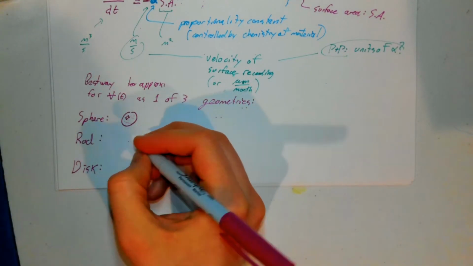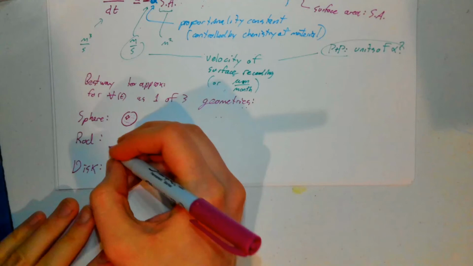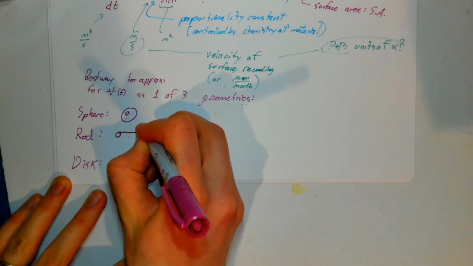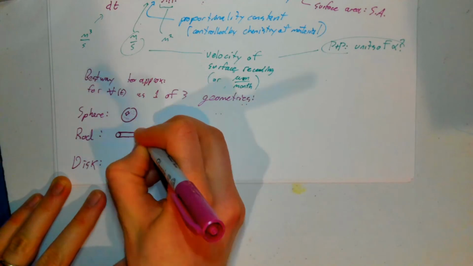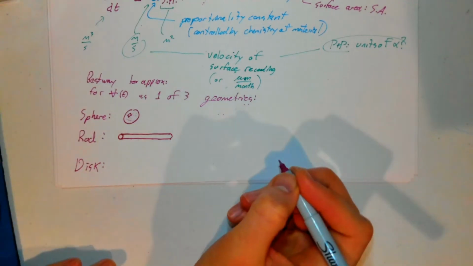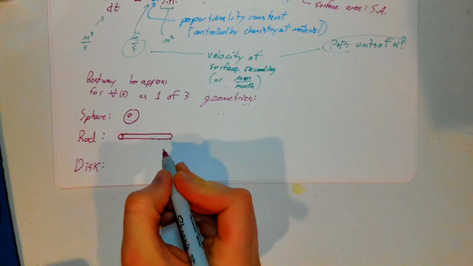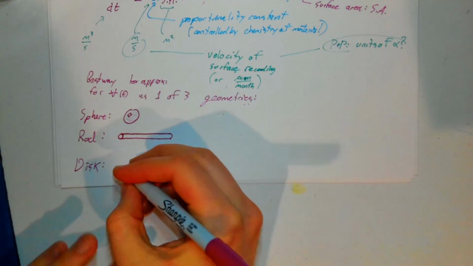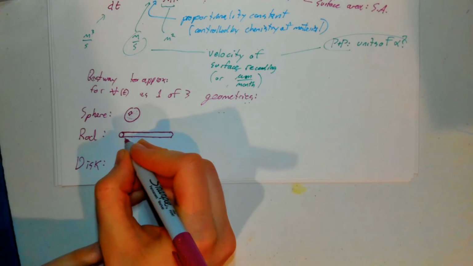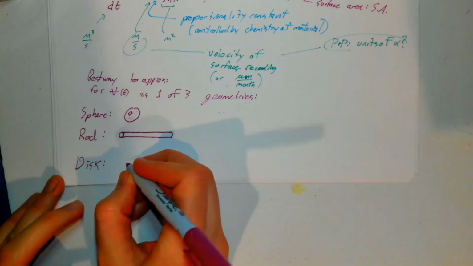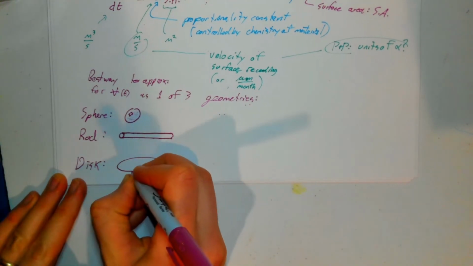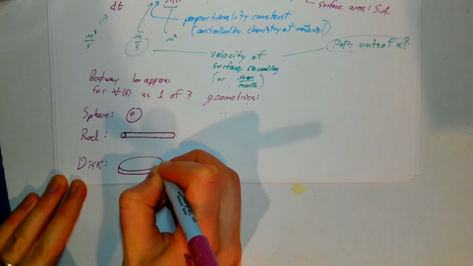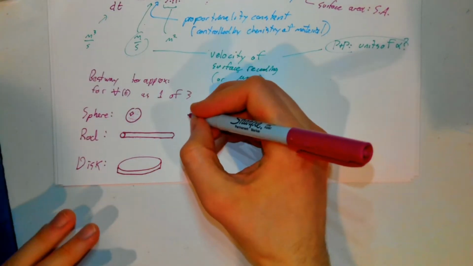When I'm thinking about a rod, I'm thinking of something that has a length that is much larger than its radius, so it has a long length and a small radius. And for a disk, I'm thinking it's still a cylinder, but sort of the opposite of the rod: it has a large radius compared to its thickness.